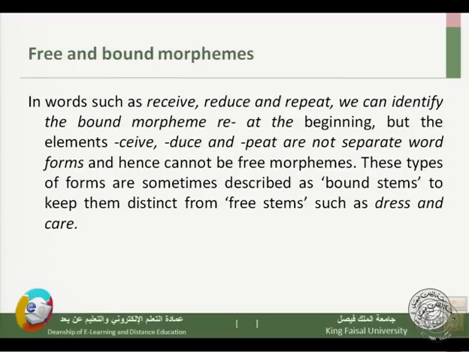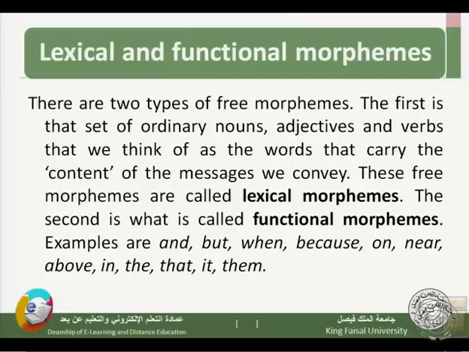A bound morpheme is a morpheme that does not have a meaning by itself. So a stem normally has a meaning, but if a stem does not have a meaning, it is called a bound stem, to differentiate it from free stems, such as dress and care.